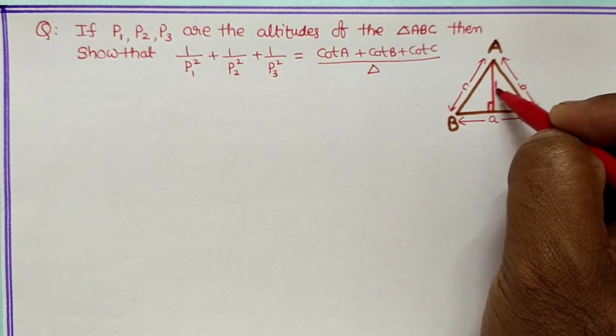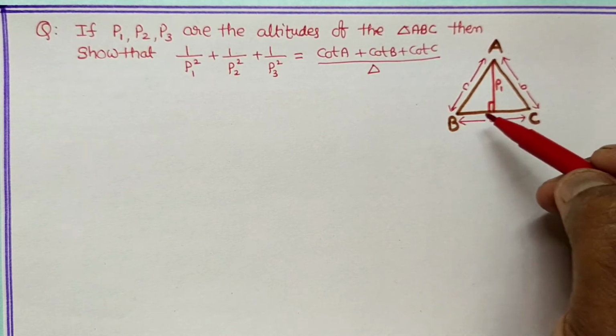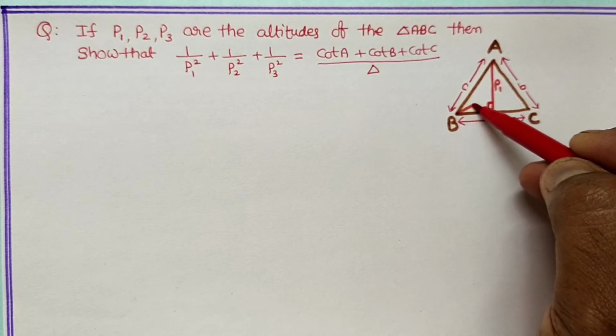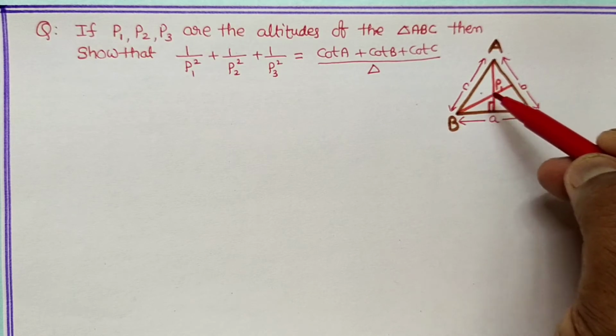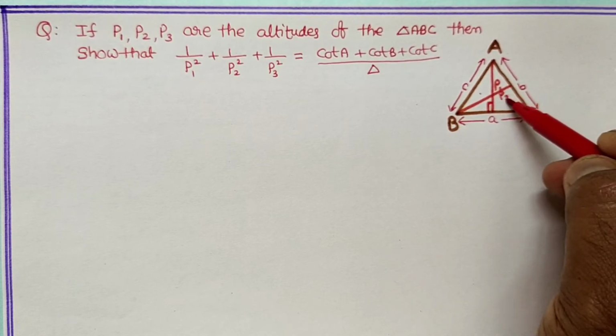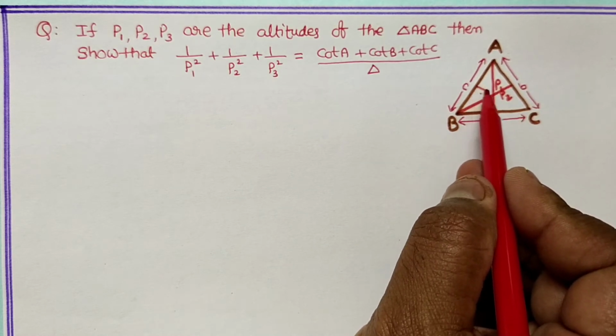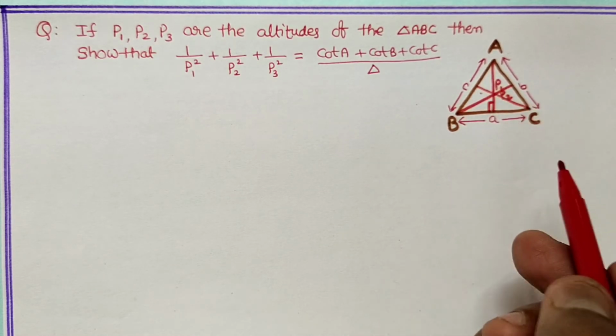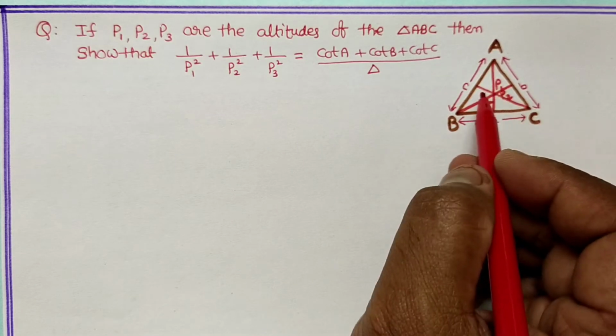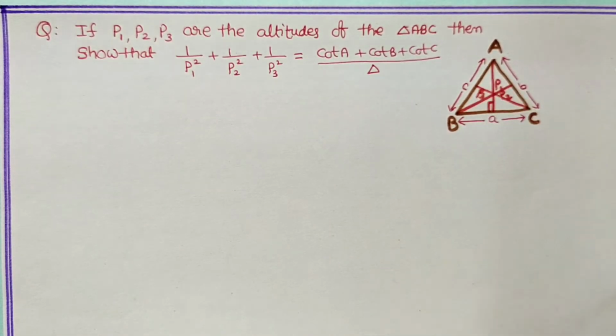This is P1. P2 is another altitude through B, and from C, another altitude P3. These are the lengths of the altitudes. We have to write it.